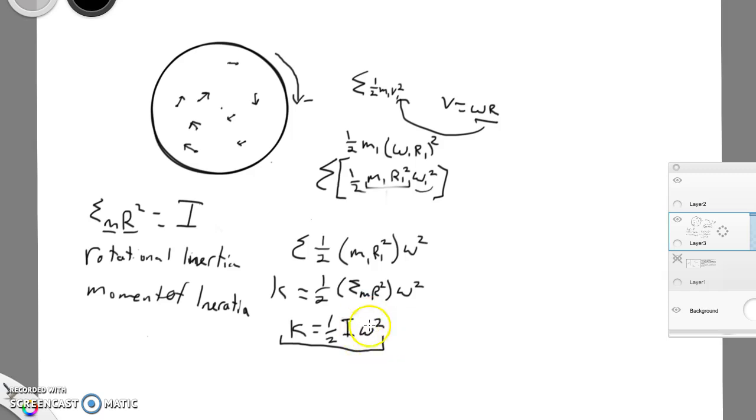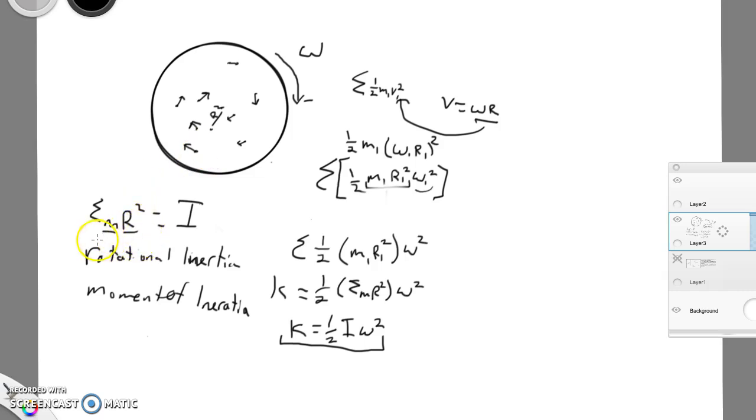Okay, and now we have this omega here, which makes it pretty simple because we don't have to add up all the pieces. We just have to know two things. We have to know how fast this is rotating, what its angular velocity is, and we need to know its moment of inertia, or the sum of all of the pieces of mass times their radii squared.